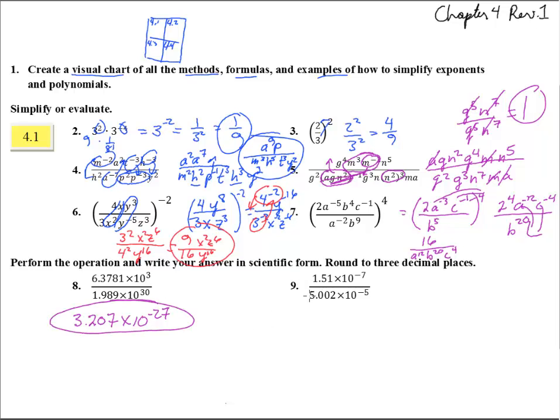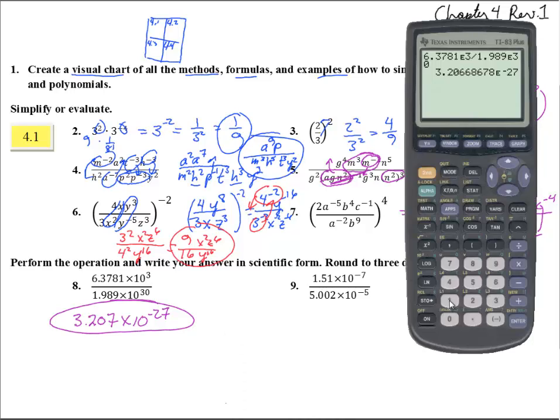And number 9. Let's stick that one in. 1.51 times 10 to the negative 7th power divided by 5.002 times 10 to the negative 5th power.